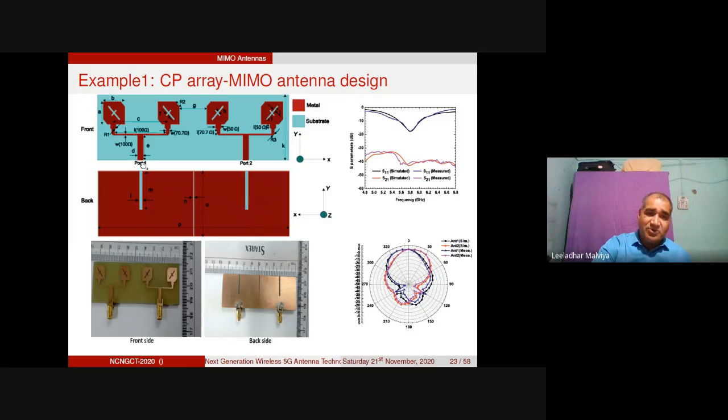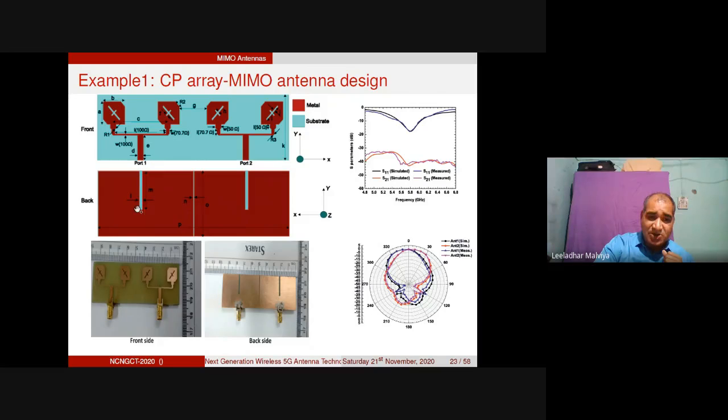But if you make MIMO antennas, port-to-port coupling is the biggest issue, because of the conducting ground, the port-to-port isolation will reduce, and mutual coupling will increase. So that's why we have done certain changes here in the ground plane. We have done the ground splitting to control the mutual coupling between the 2 patches.